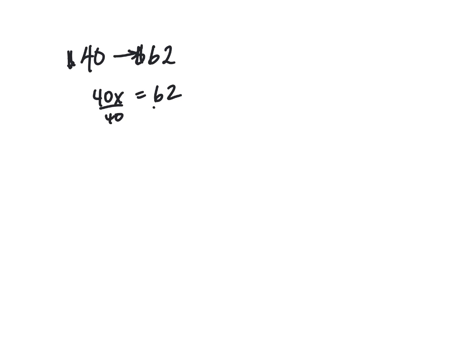Again, we're just trying to figure out what did we multiply it by. So 62 divided by 40 is 1.55. So again, we don't really care about the 1. What we care about is how much over 1 we are. This was a 55% increase. That means growth, getting bigger.